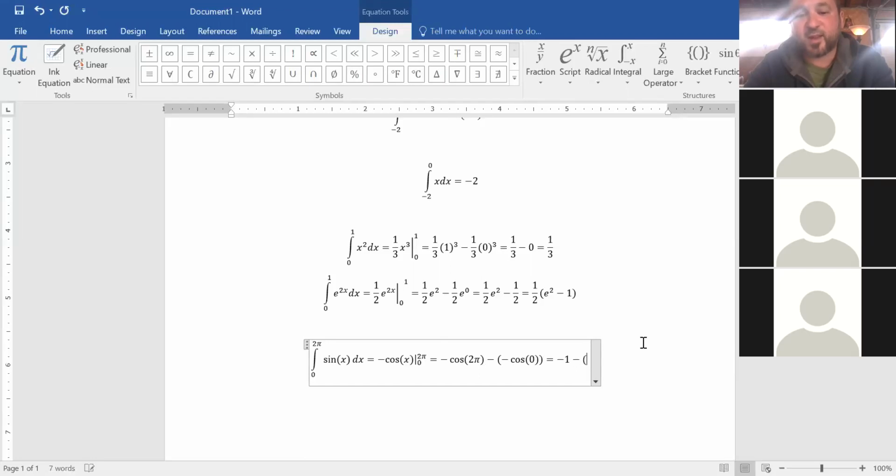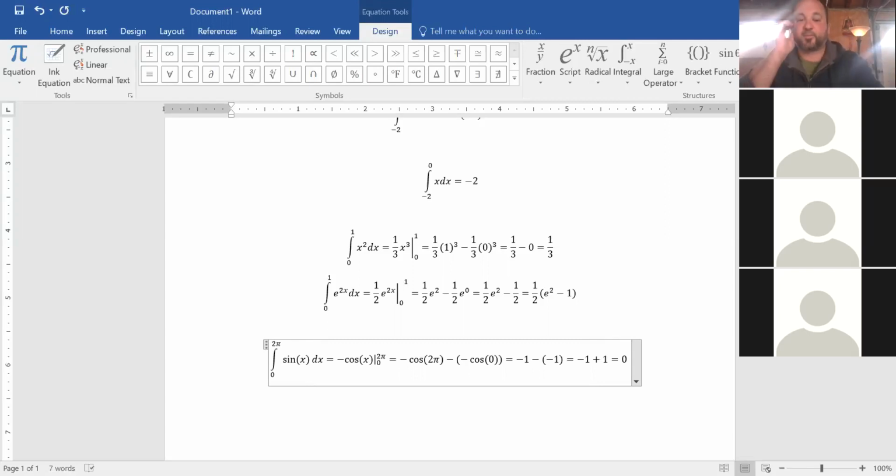So minus a negative cosine of 0 is 1. That's a negative 1 then. Hey, lots of negatives here. Negative 1 and a plus 1 is equal to 0. So it's true, like we expected. It should have done that.